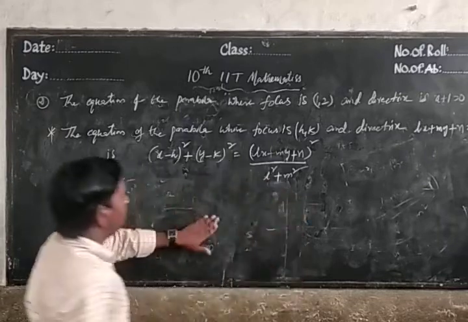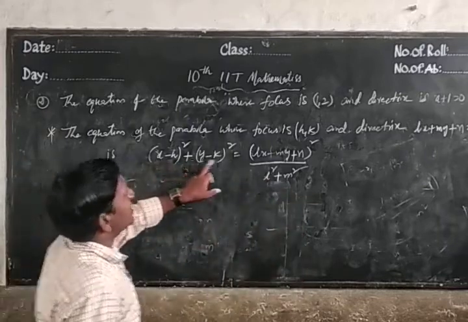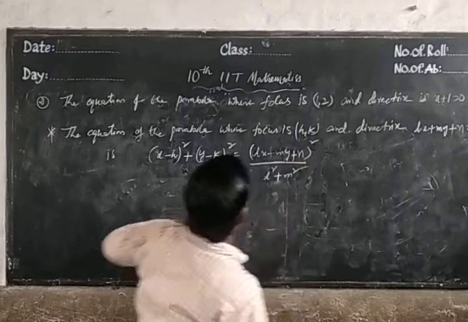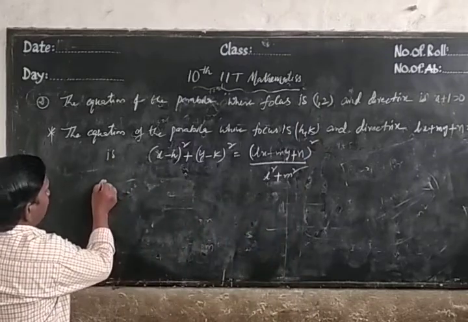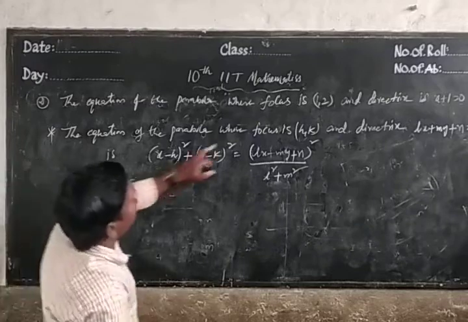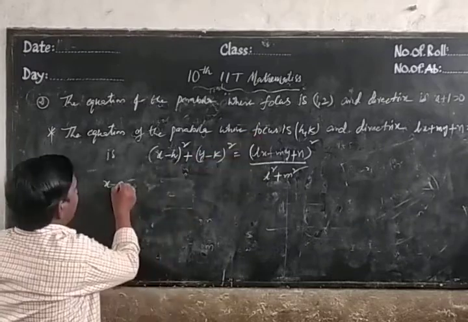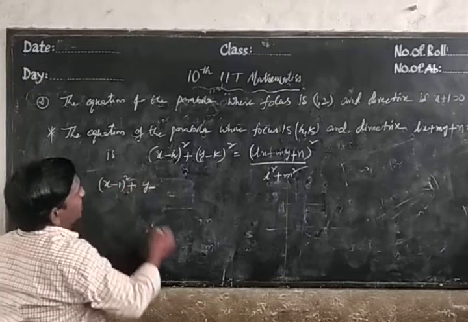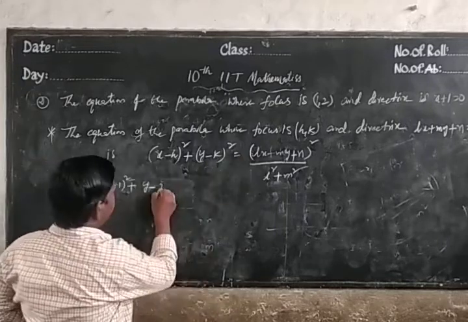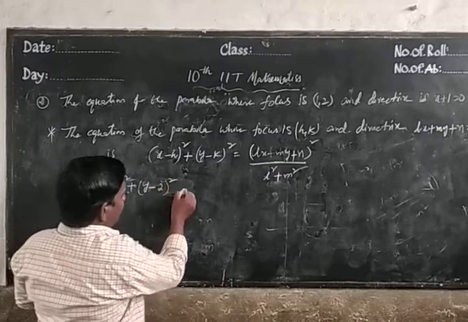Now substitute the values: h comma k is 1 comma 2, so (x minus 1) whole square plus (y minus 2) whole square equal to.